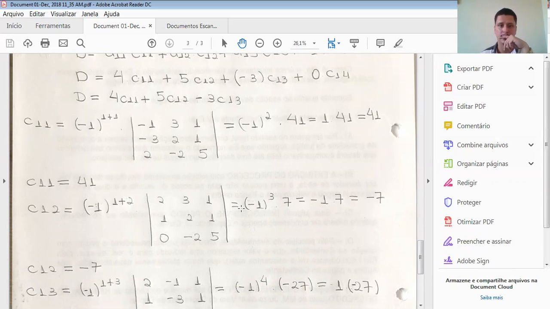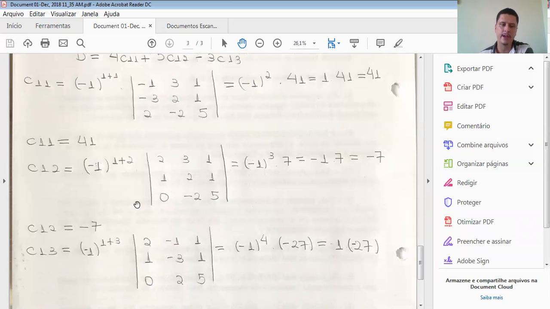So -1 to the power of 3 is -1. And the determinant here is going to be 7. If you do it manually, you're going to reach the value 7 in the end. -1 times 7 is -7.